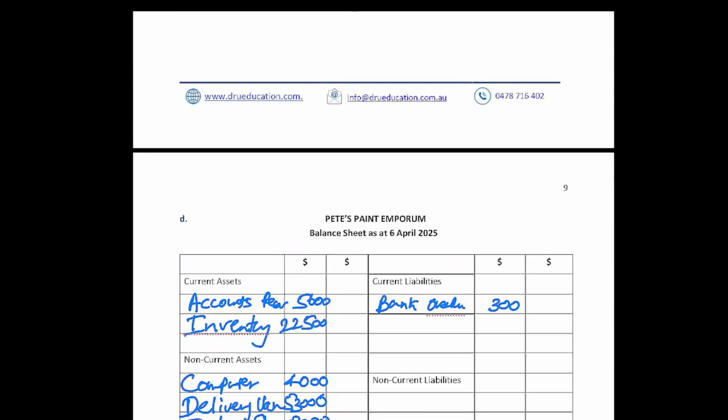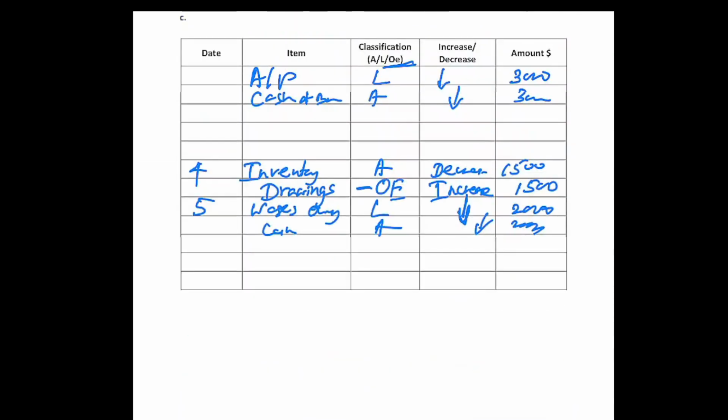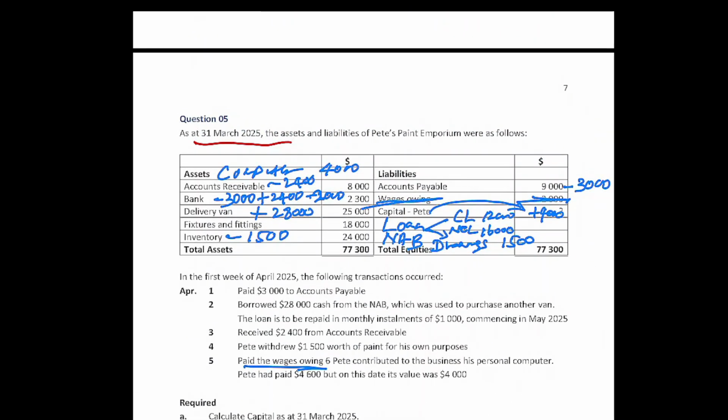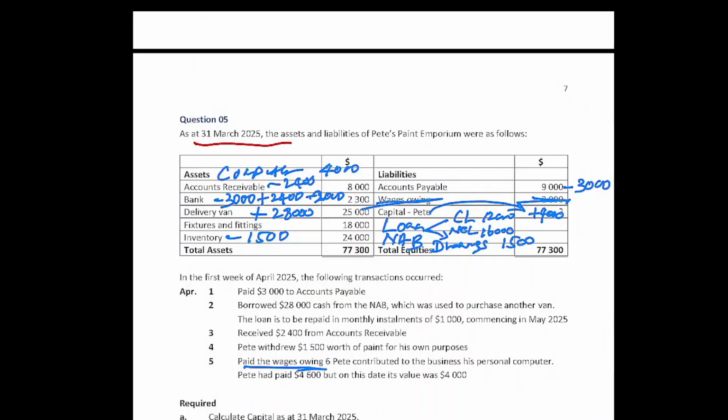Current liability, yes? $6,000. Then wages, how much? We don't have it.